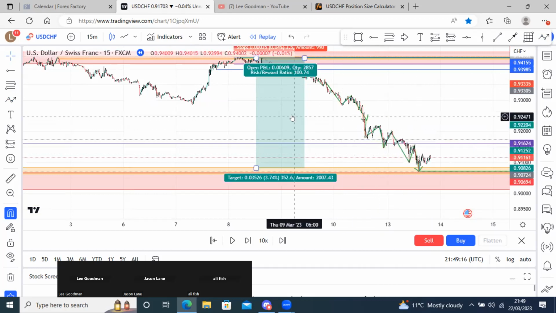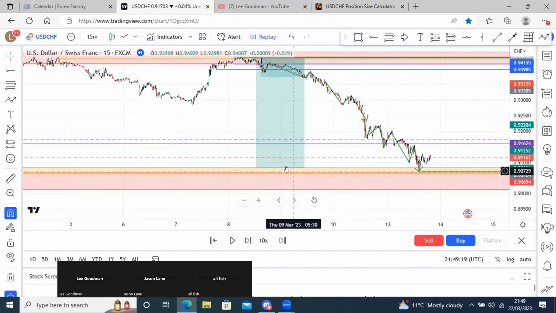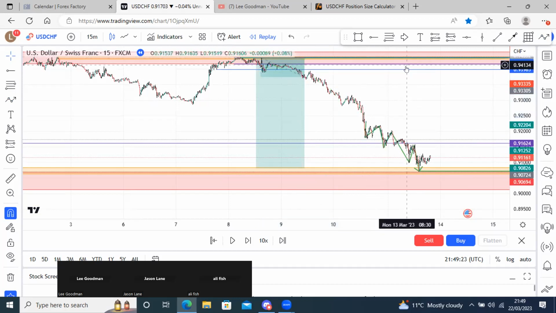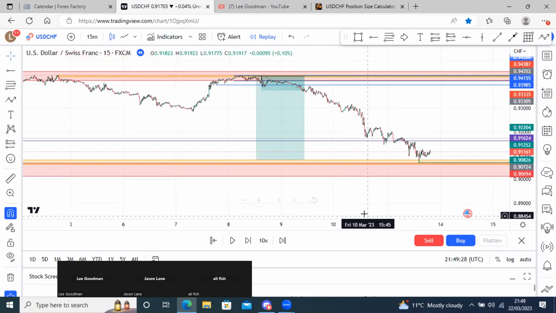It's nearly 350, obviously it's 352 pips from there to there, but that's the basis of that trade, guys, and that's how I trade. So if anyone's got any questions.